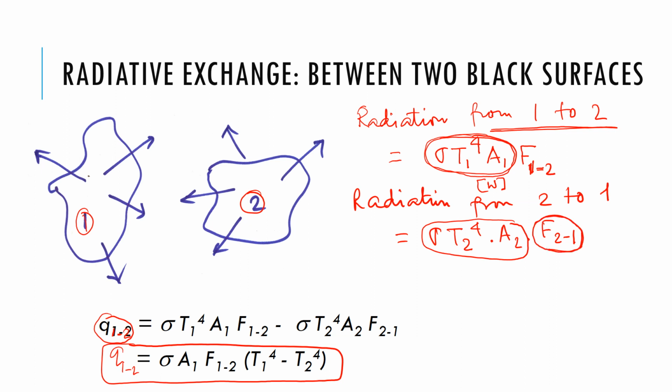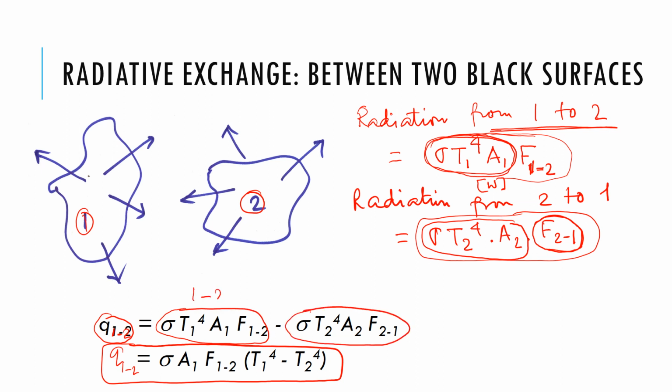So that fraction is given by F21. So 2 may be getting this amount, but then it is also giving back this. So the net amount that goes from 1 to 2 would be the difference. That's what you see here. So this is 1 to 2, and this is 2 to 1, and the difference is the net amount going from 1 to 2.